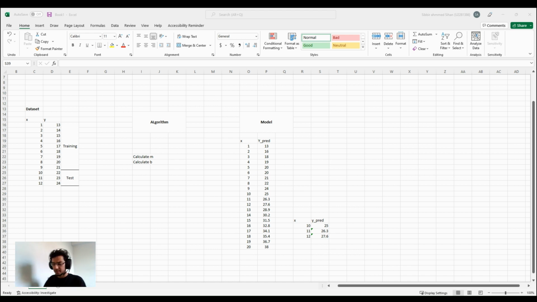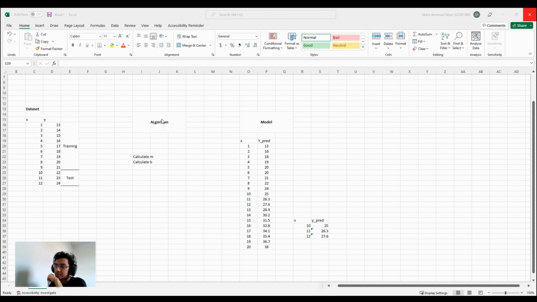All right. So today, what you're gonna understand is training data and the test data set. What's the difference? We already understood what supervised learning is, what unsupervised learning is.